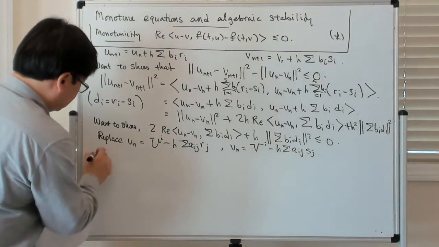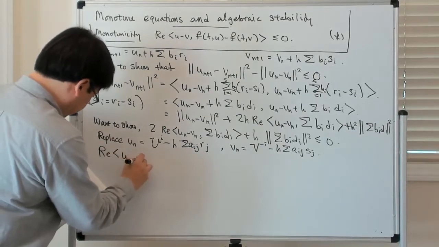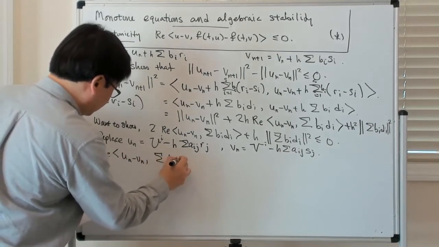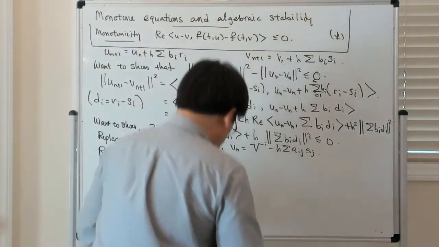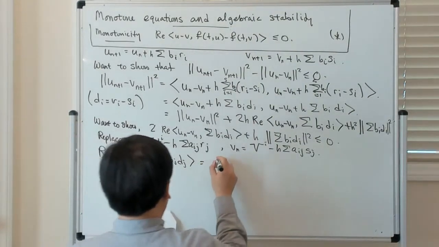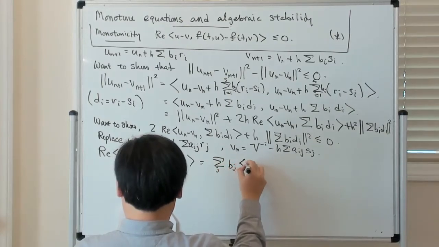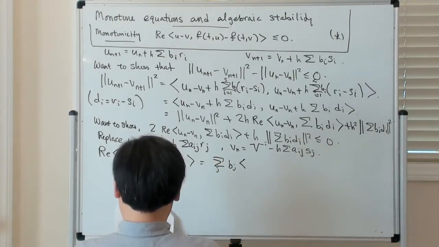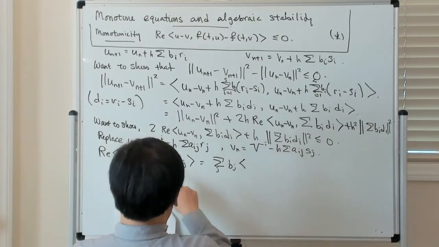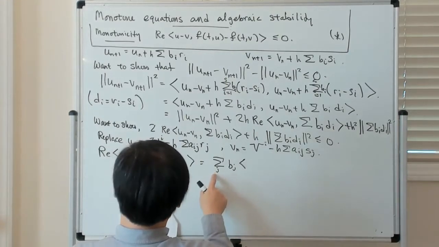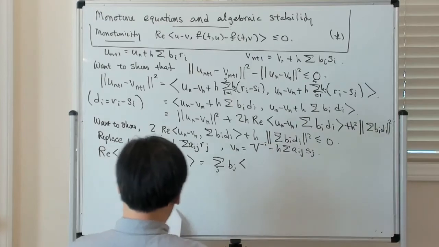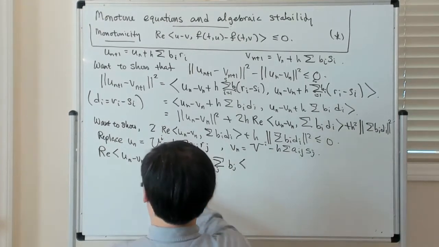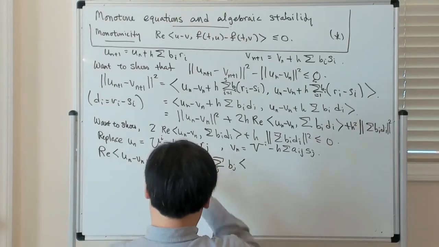The real part of un minus vn sum of bj dj is going to be equal to the sum over j of bj, where I've taken the bj out, and I'm taking the sum out and leaving the dj term, and I'm writing this un minus vn in the appropriate way.